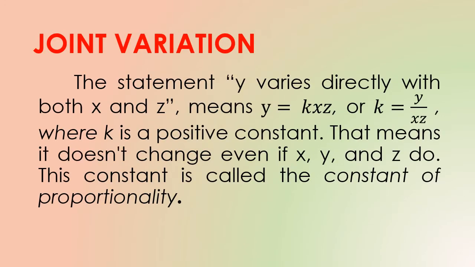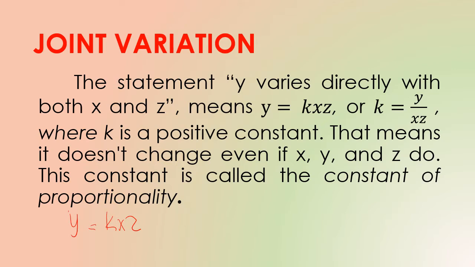The statement y varies directly with both x and z means y is equal to kxz. So how? Y varies directly.